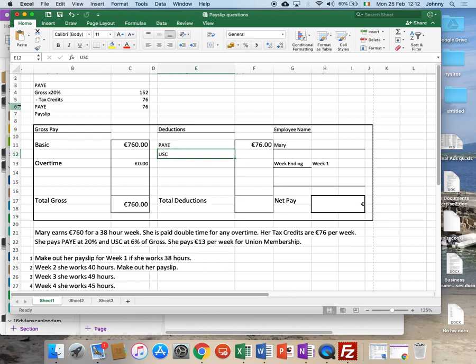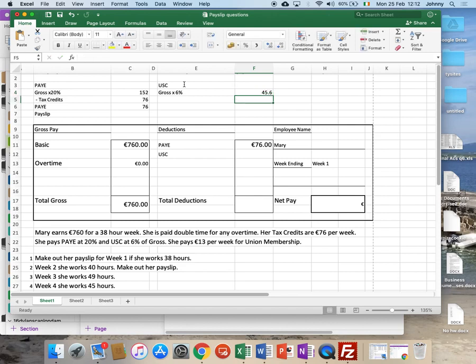USC then. So USC, it says, USC is 6% of gross. So I'll put the calculation for that over here. So USC is gross multiplied by 6%. And there's no tax credits relevant here. So that's going to be 760 multiplied by 0.06 or multiply by 6 and divide by 100.